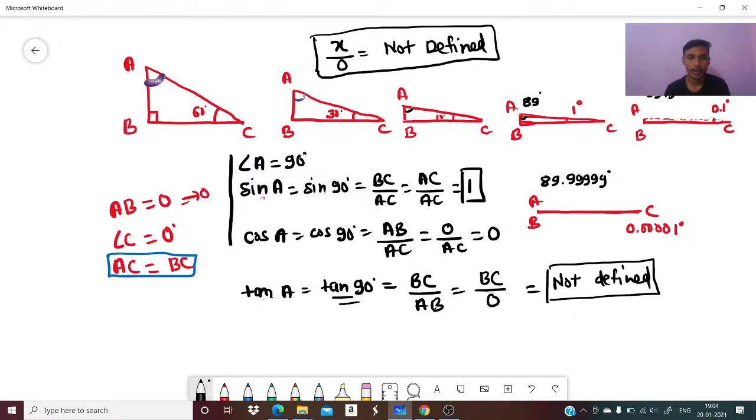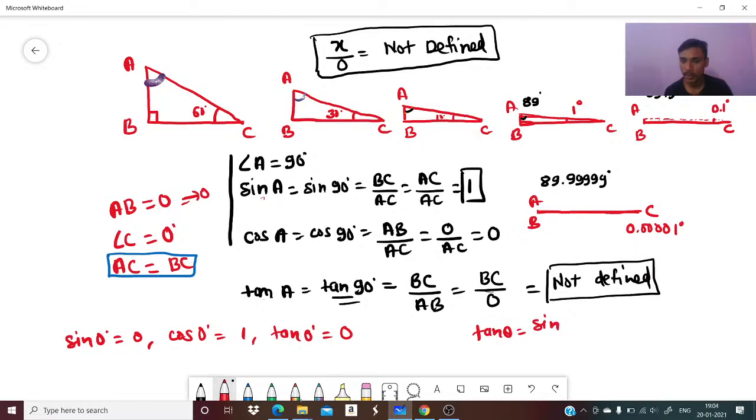Also we have found the sine, cos and tan of 0 degrees. Let me remind you: sine of 0 degrees was equal to 0, cos of 0 degrees was 1, and tan of 0 degrees was again 0. You can also verify this from the formula of tan theta, that is tan theta is sin theta upon cos theta.